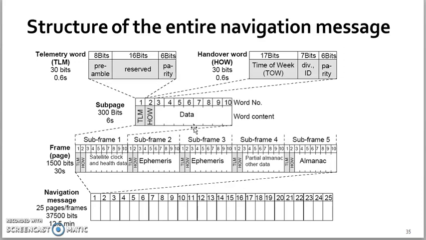It contains a preamble sequence 8 bits in length, which is used for synchronization purposes, followed by 16 reserved bits for authorized users, and then 6 parity bits, which are for all the words.